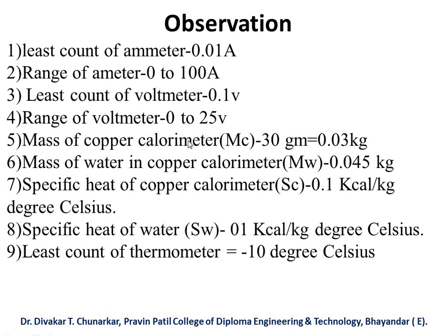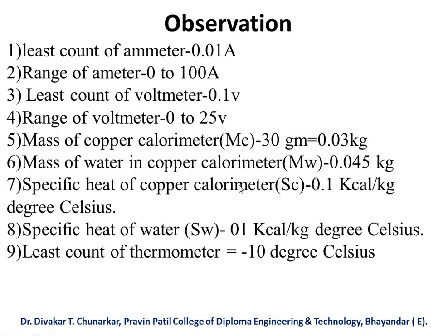The mass of the copper calorimeter, Mc, we consider as 30 gram, that is equal to 0.03 kg. The mass of calorimeter plus water, I can write directly, is 0.045 kg.